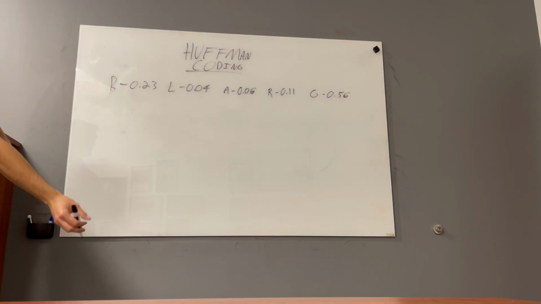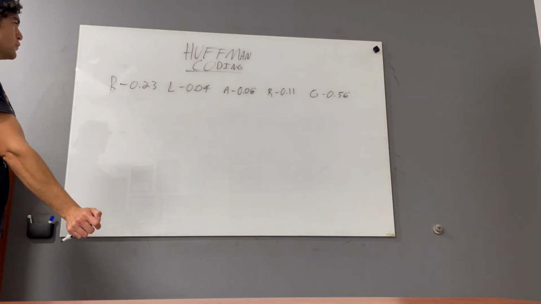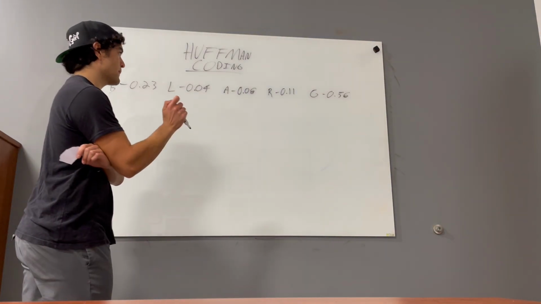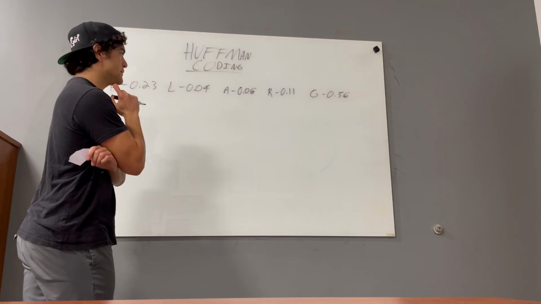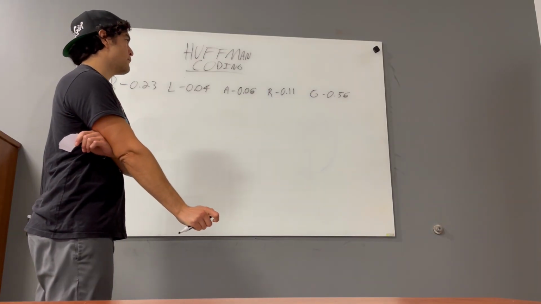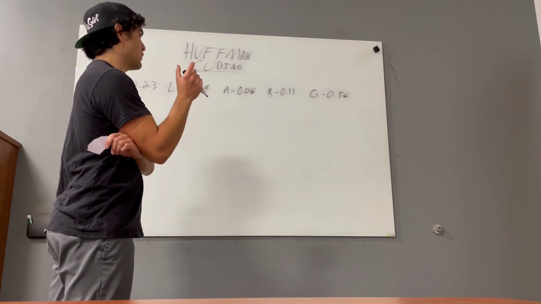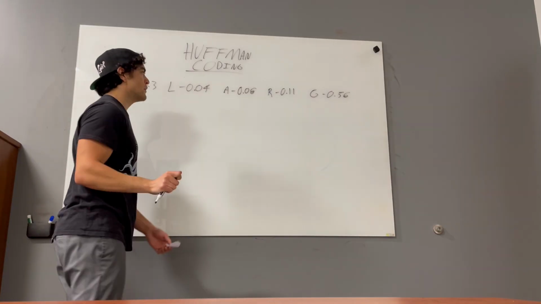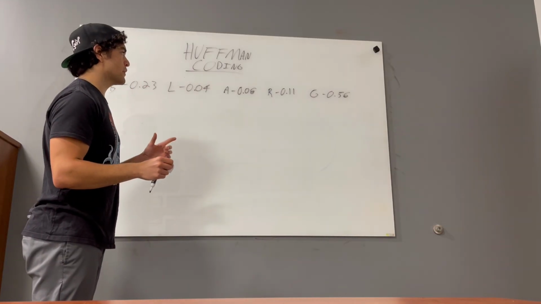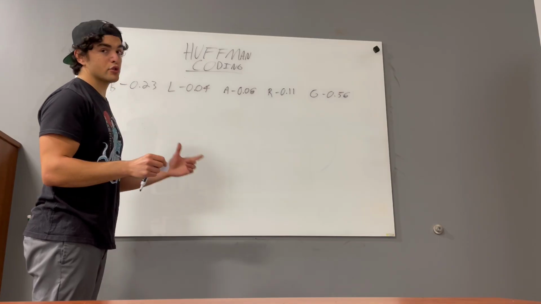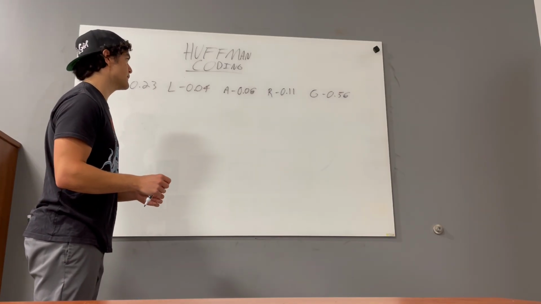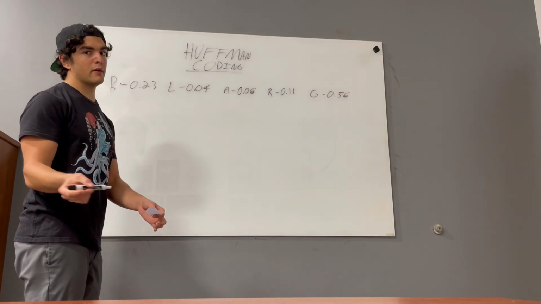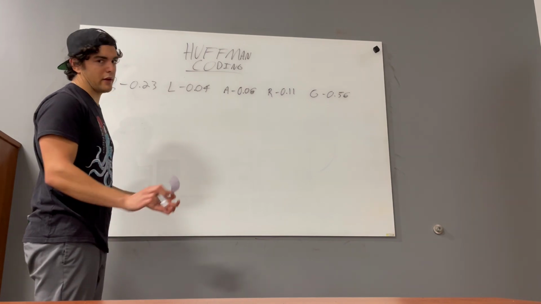So the steps for this is we want to start building trees, and we want to build trees based off of these weights. You can use these as the weights for each element. We want to combine the two smallest weights into one tree, and we're gonna put our heavier elements on the left.